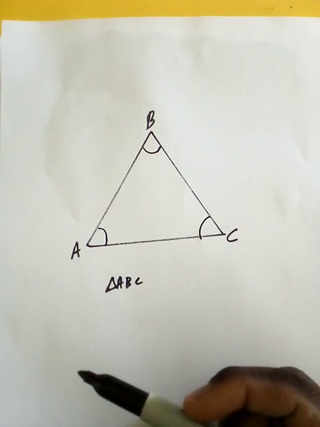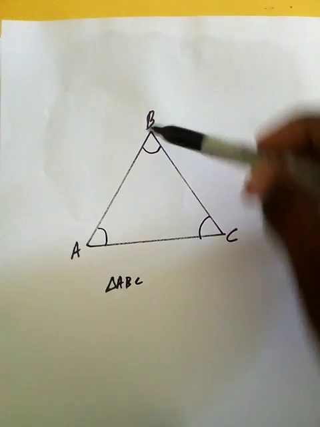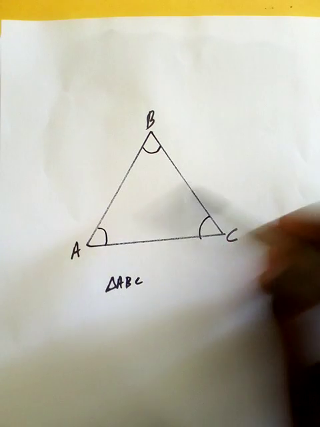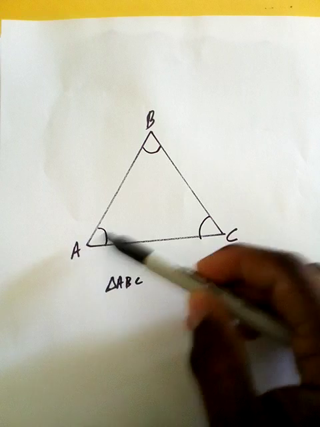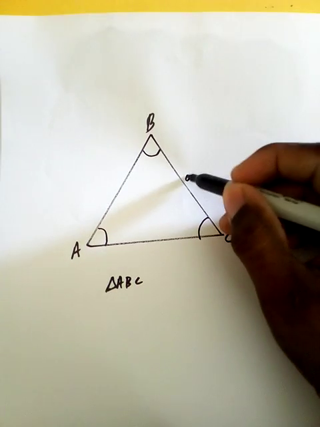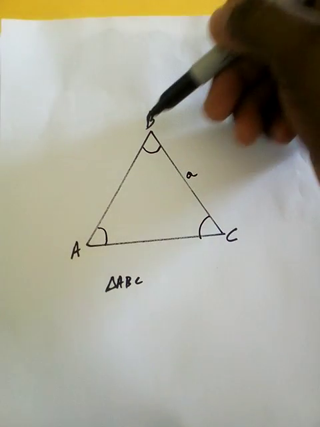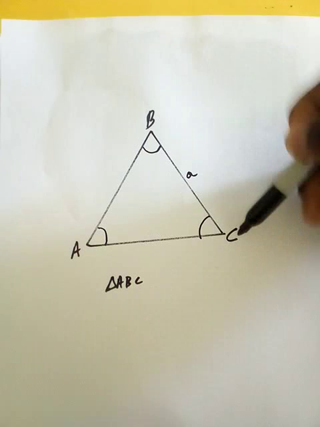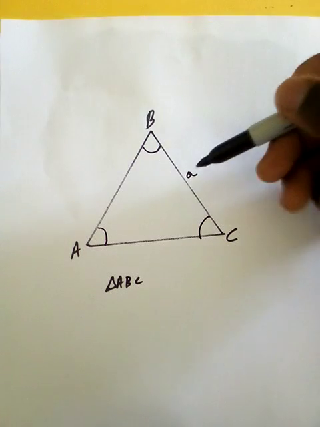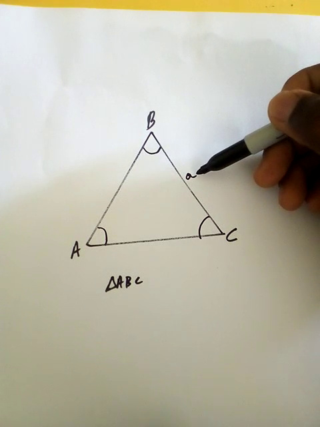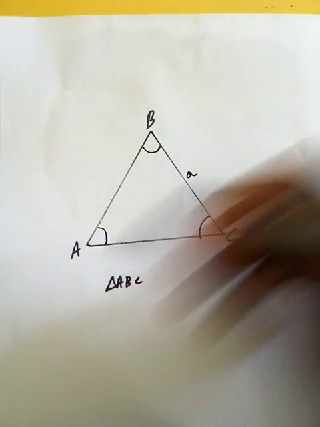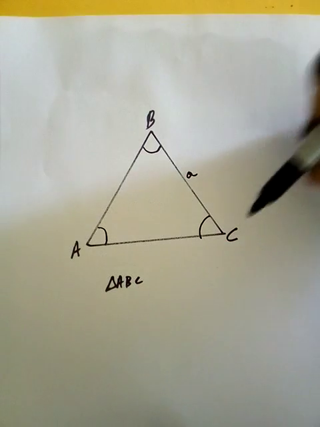Now, importantly, because this side is in front of, or opposite to, angle A, we can call it lowercase a. So we can call this side BC with two capital letters, or if we are using lowercase letters, we call it side a, because it's opposite to capital A, which is the angle.